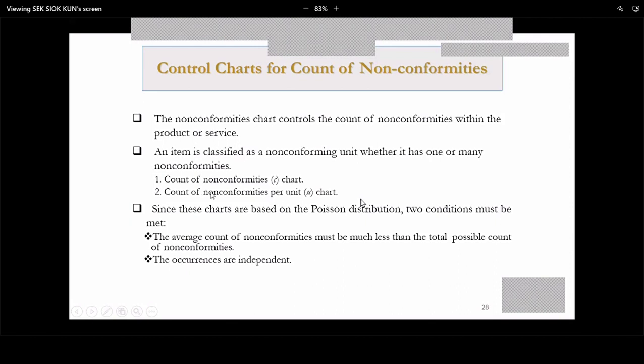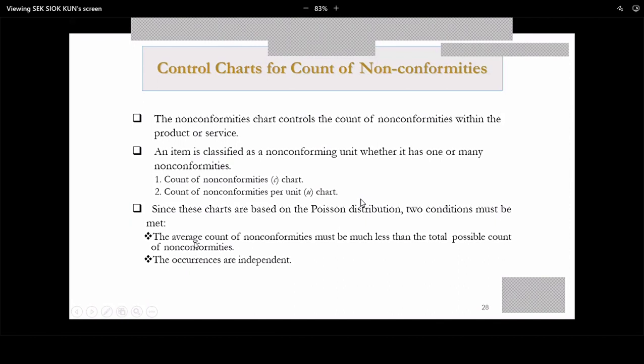The C chart counts the number of non-conformities. The U chart is based on the count of non-conformities per unit. Since these charts are based on the Poisson distribution, two conditions must be met.